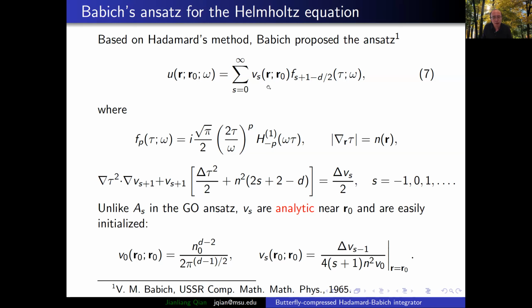Babich used the Fourier transform of Hadamard's ansatz, the ansatz presented here, equation 7. Bob Burridge knows all these different references, and he dug out that Babich paper, and we use that to handle initialization for solving those eikonal and transport equations.